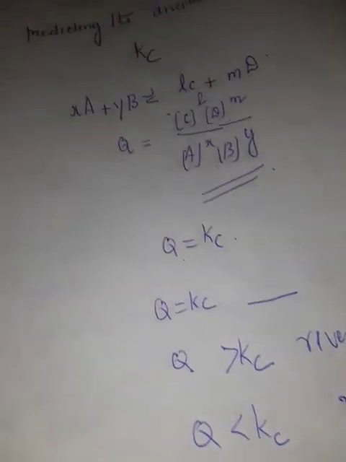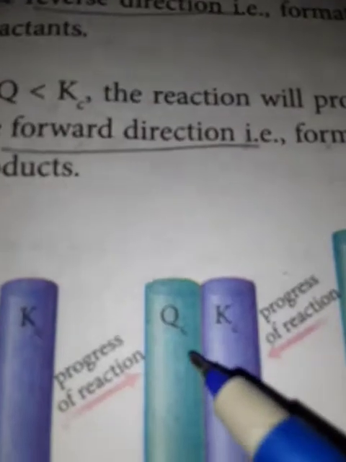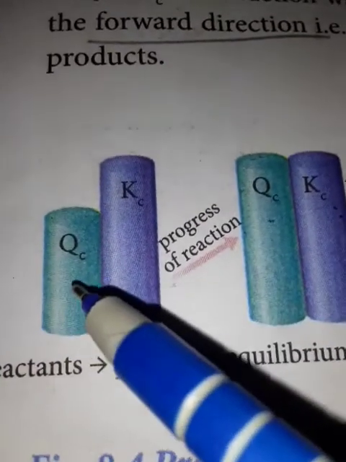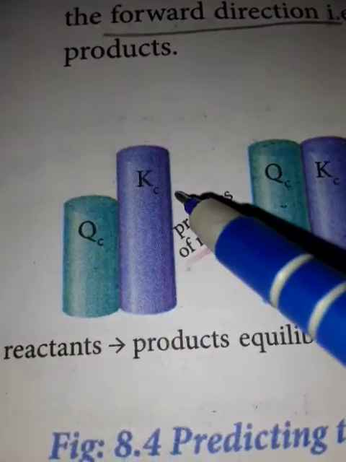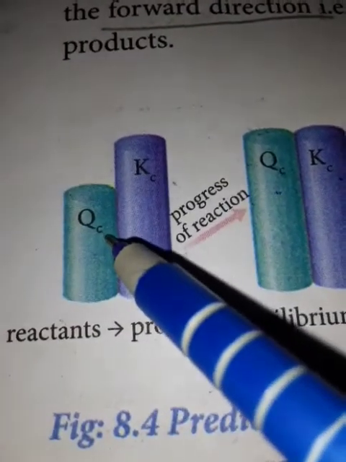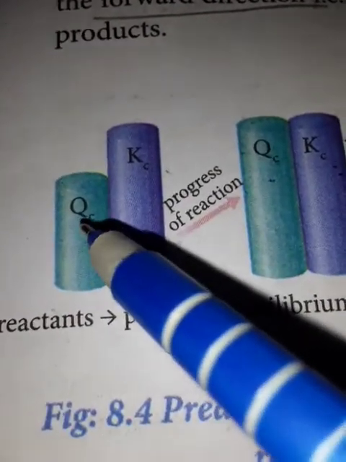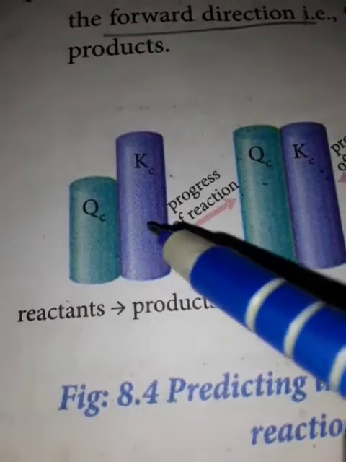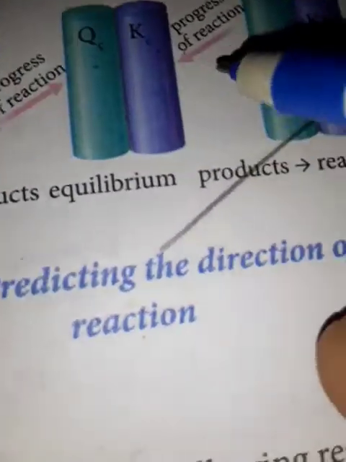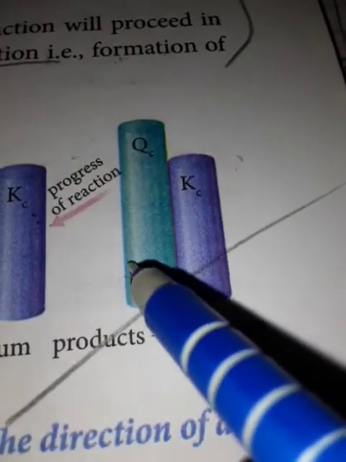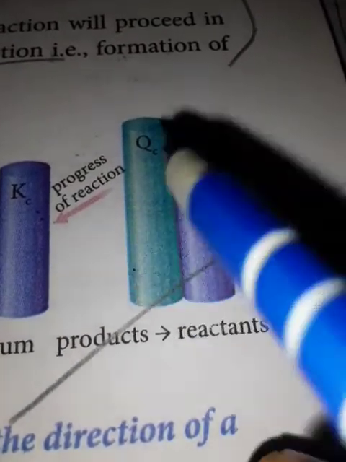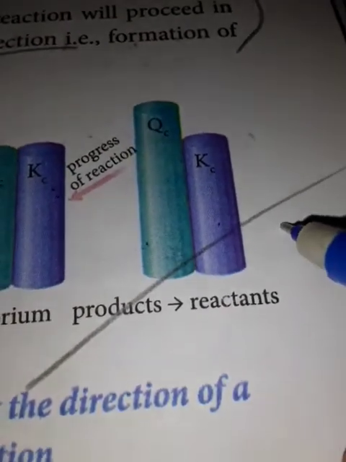In the book, a diagram is given for that. See, this is Q equal to Kc, both are equal. Q value less than Kc means reactants giving products, that is, forward reaction favored. If the Q value is greater than Kc, reverse reaction, that is, products giving reactants.